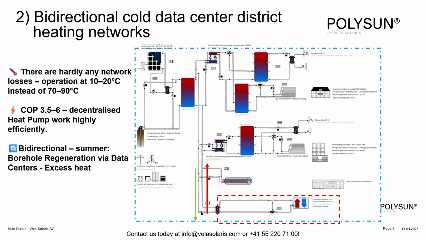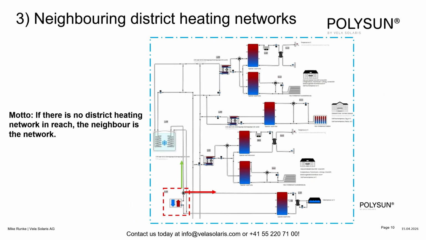So our next use case is, what if there is no district heating? The motto would be: if there's no district heating network in reach, the neighbor is the network. That being said, if there is no real network, the third application comes into play, for example, a direct supply of neighboring buildings or facilities.